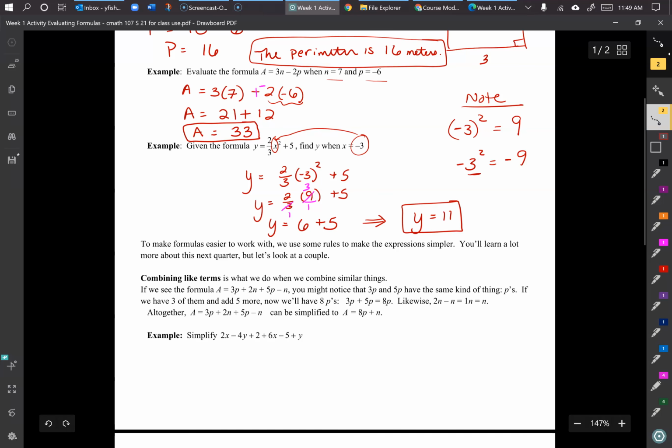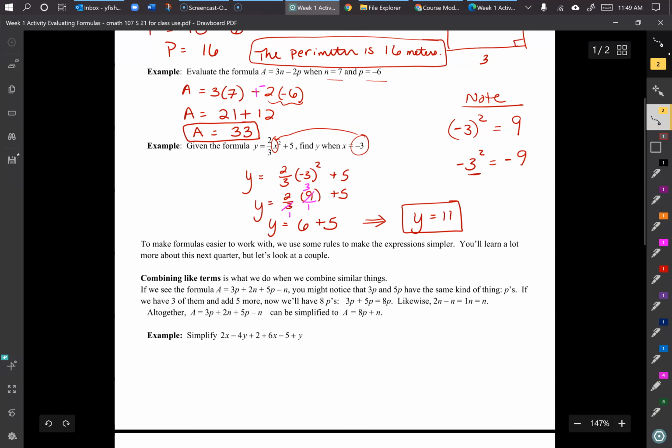Okay, now we have a little note here. To make formulas easier to work with, we use some rules to make the expressions simpler. So we're going to talk about this a lot more later, but let's look at a couple here. Combining like terms is what we do when we combine similar things. So when we have the exact same variable part, we can put them together.